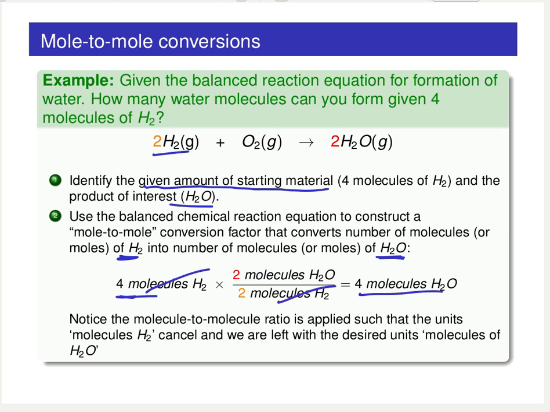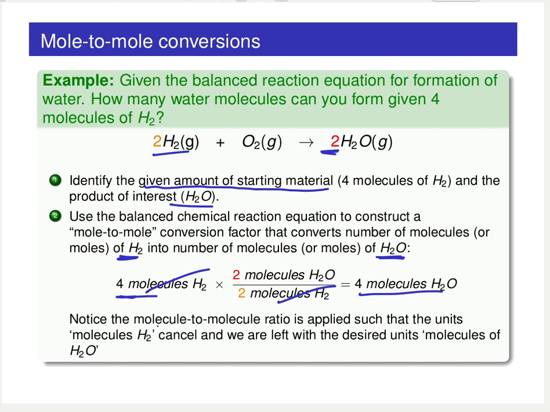So notice, the units are always going to be set up so that the units of the given starting material are going to cancel out, and the desired, in this case products, is going to be the remaining unit. And the numerical value associated with that mole to mole or molecule to molecule conversion factor in this case come directly from that balanced chemical reaction equation.